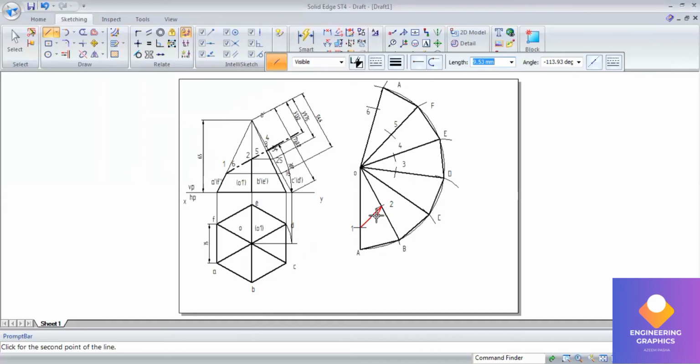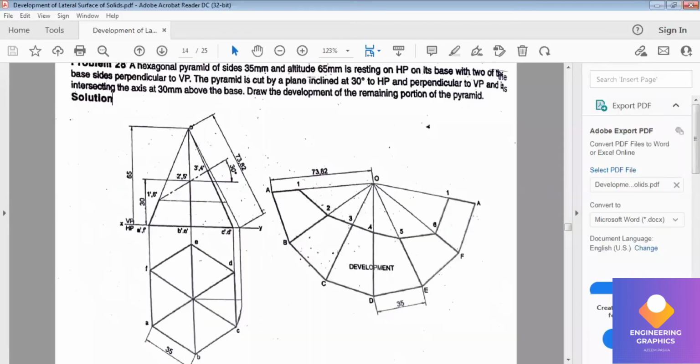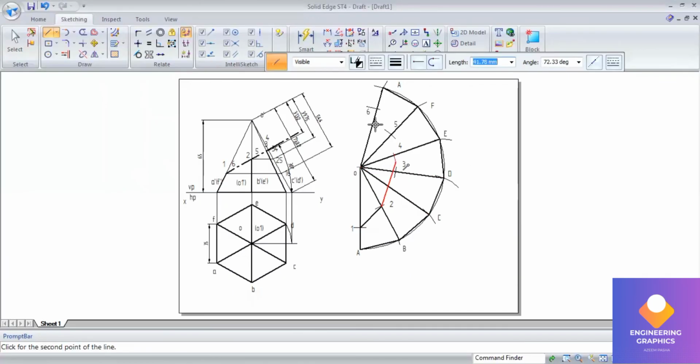On A we have to get point number 1 here. Okay, now I have corrected it.